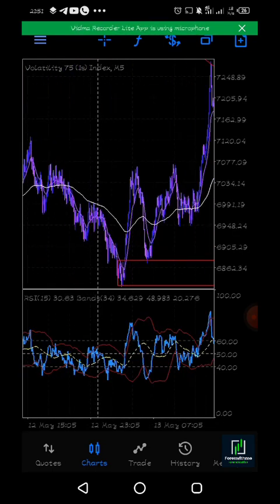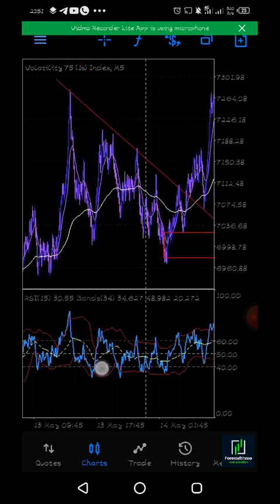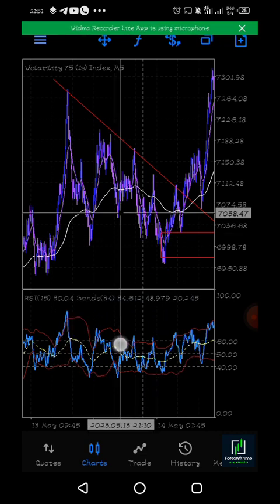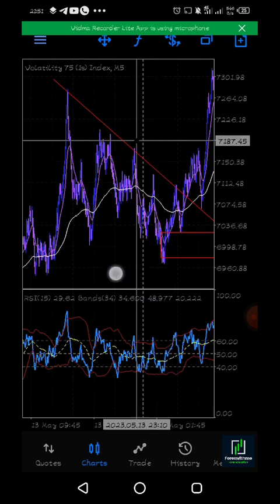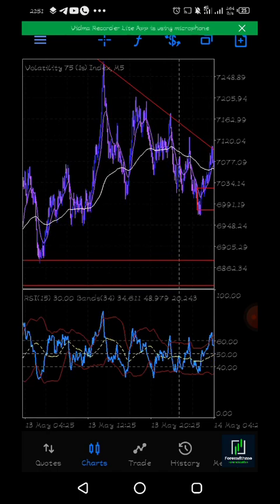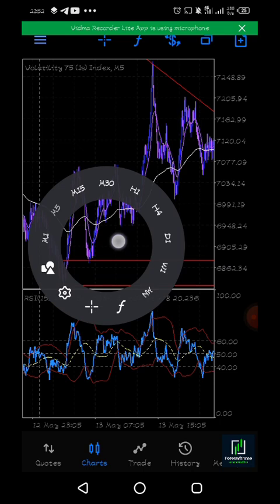Now let's look at range. In a range market, market tends to go both oversold and overbought. Now, how do we detect that? I want to use this as an instance. This is a kind of range market because market was coming lower here and here market was moving higher here.